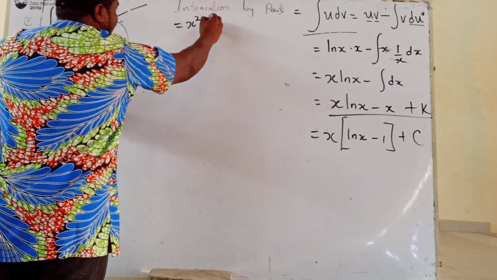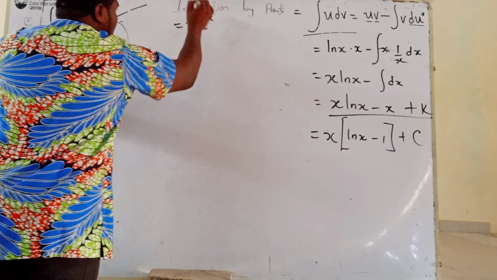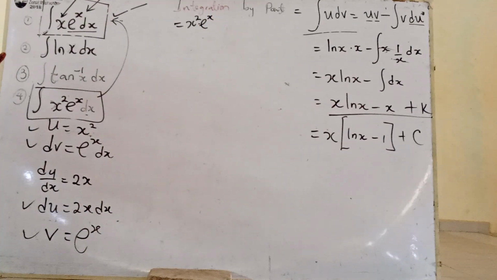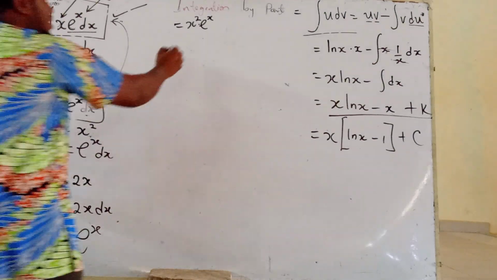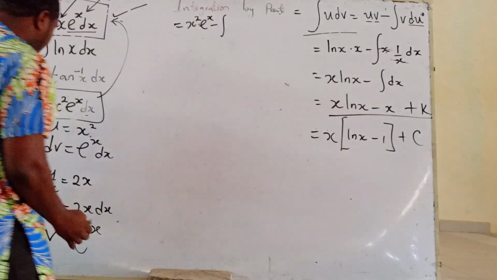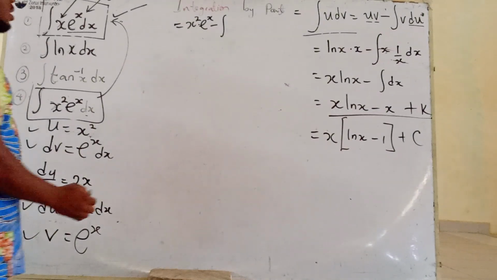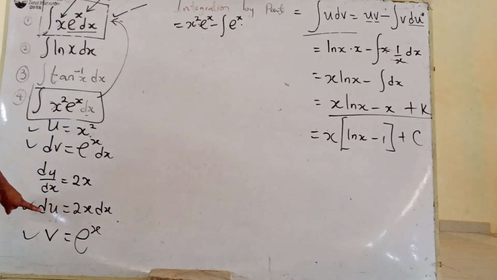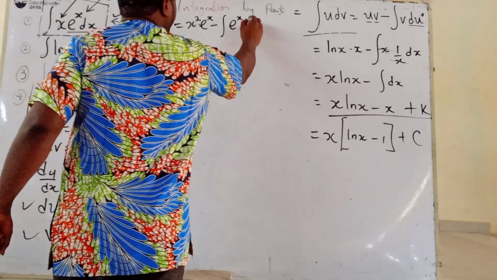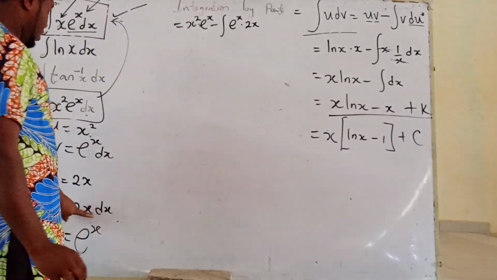X squared multiplying exponential x. Fantastic! That is what I expect you to write first. Minus what? Integral of what? Exponential x multiply what? Du. Du is what? 2x dx.